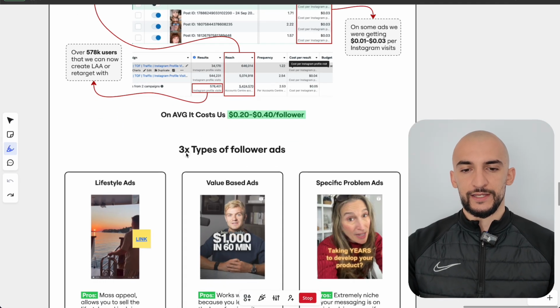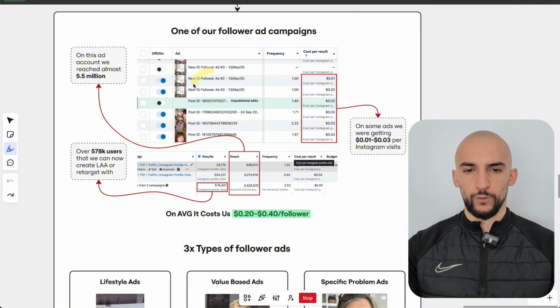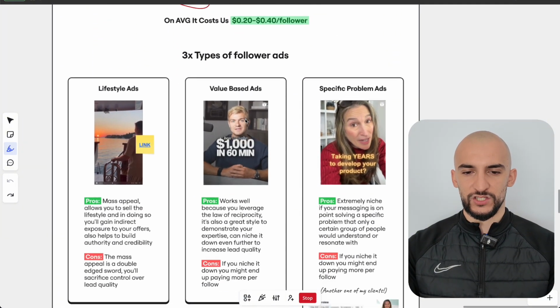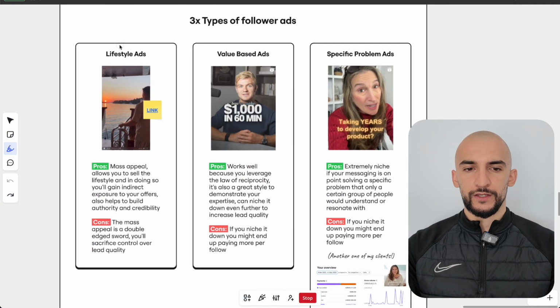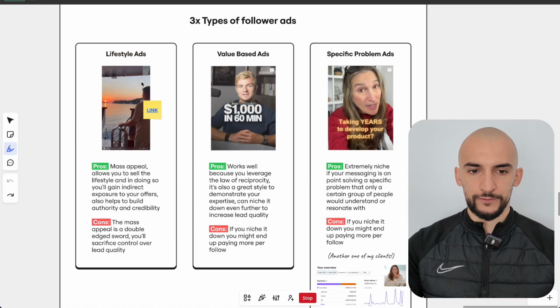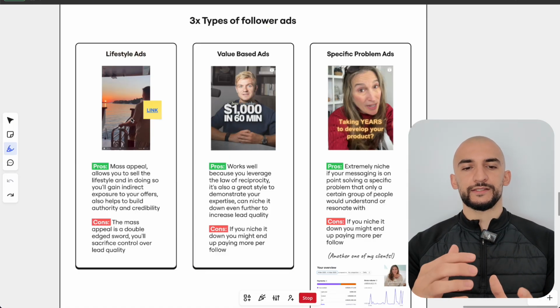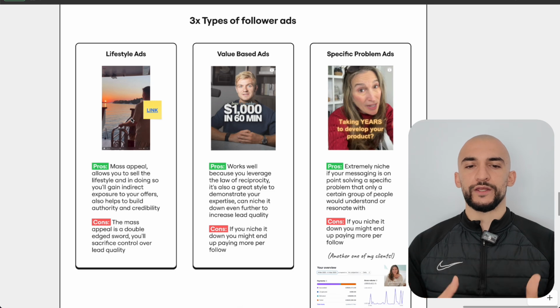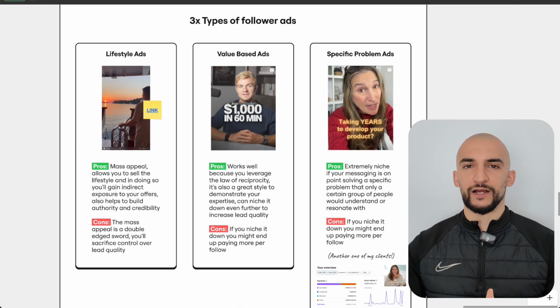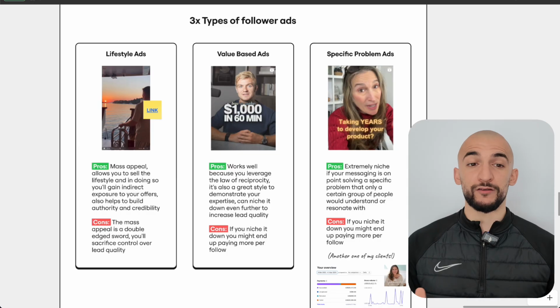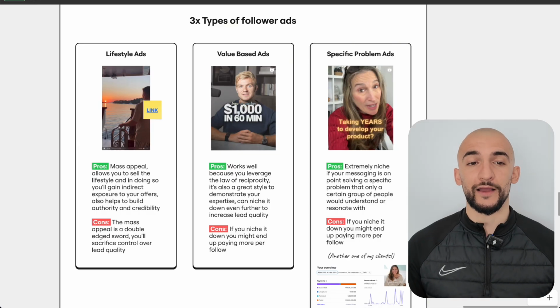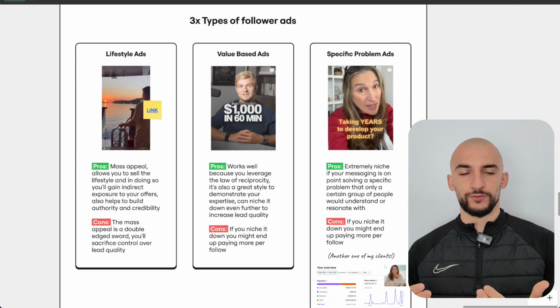Now, when it comes to the type of follower ads, I'm going to walk you through what we tested. There are three types of follower ads. You have lifestyle type ads, where you're walking your clients through a day in the life or just showcasing B-roll of you living your life, selling the lifestyle rather than selling the product.